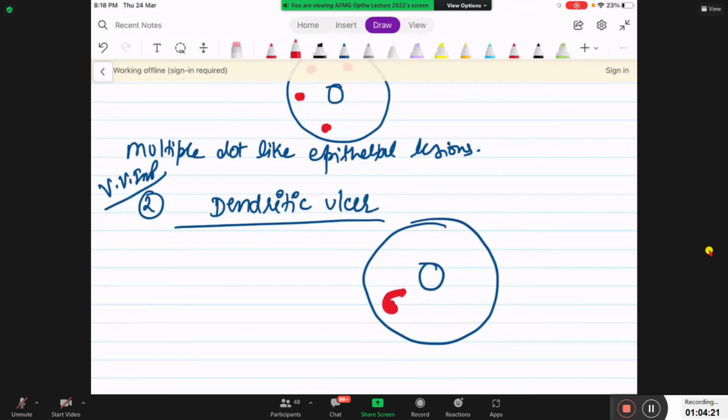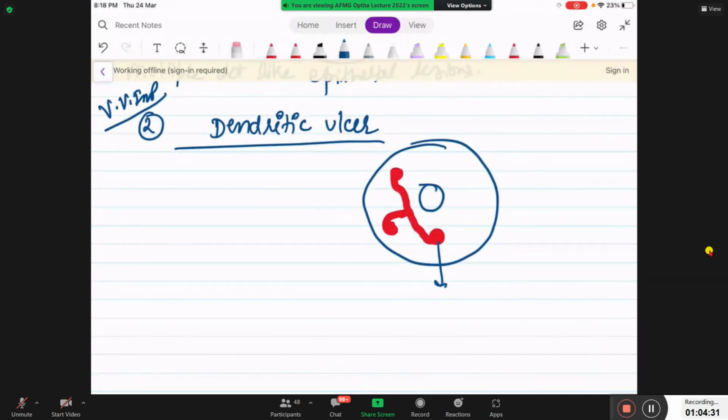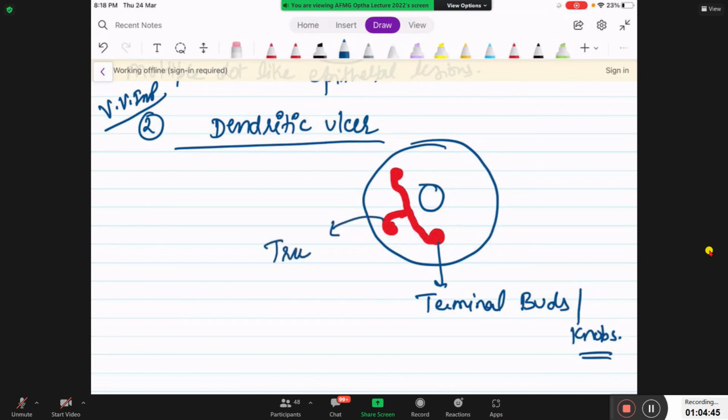So how does the dendrite look like? You will see certain dendrites like this, a branching pattern, and you will see terminal knobs and buds. These are called terminal buds or terminal knobs. These are the characteristic finding of a true dendrite. These are the true dendrites which have terminal knobs and buds.